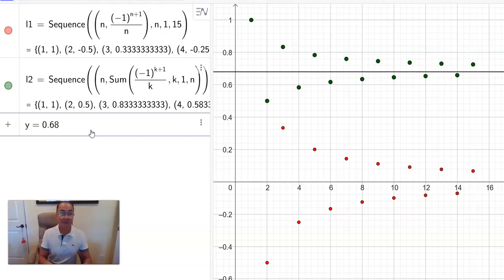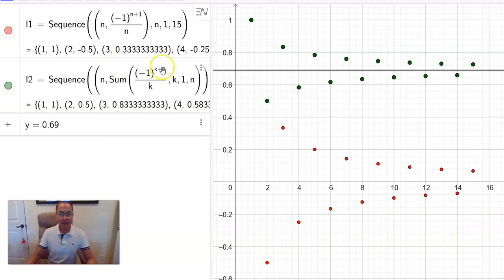Oh, okay. That looks like a possible limit. Or how about 0.69? Ooh, maybe that's even better. So it looks like the sequence of odd partial sums and even partial sums are approaching the same horizontal asymptote. And we will find out, of course, that that is indeed the case.